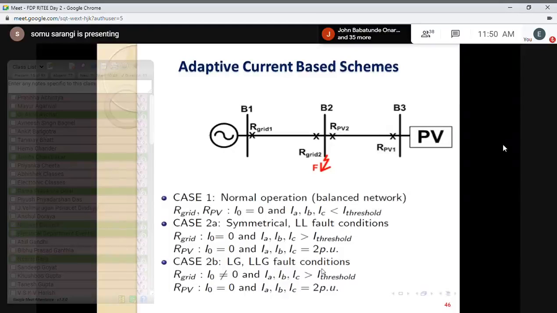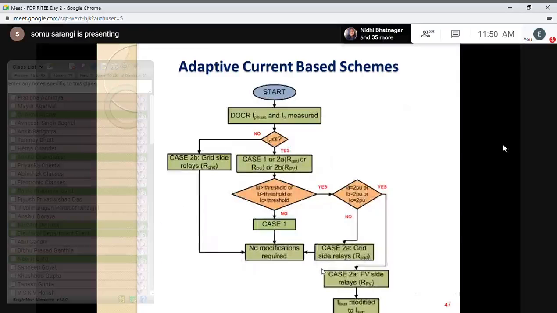So basically, we have used the characteristic of a PV to detect whether the fault is from the PV side or from the synchronous generator side. If the fault is from the synchronous generator side, then there is no need to change the setting of this relay. But if the fault is from the PV side, then we have to change the setting of this relay.